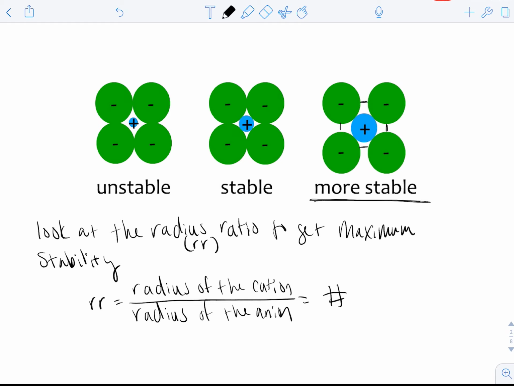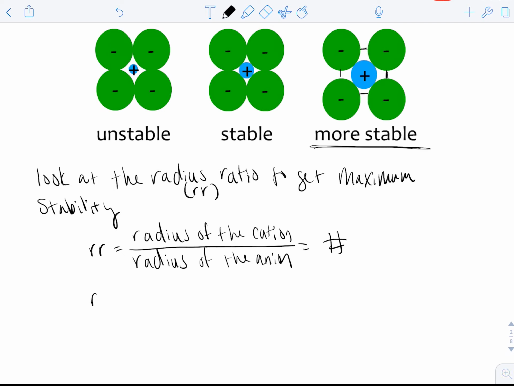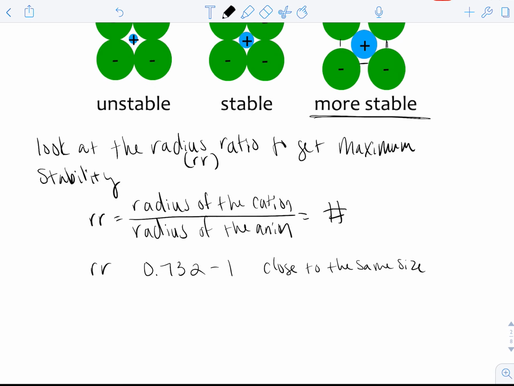We're going to have radius ratios between 0.732 and 1. So this is where they're close to the same size. Or between 0.414 and 0.732.